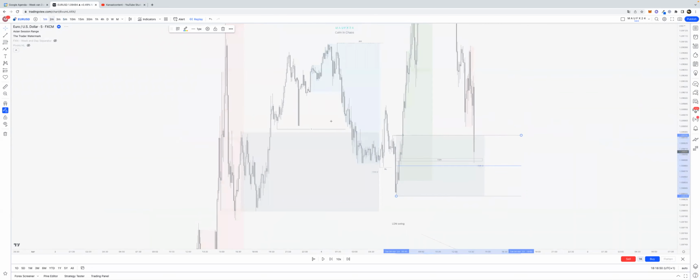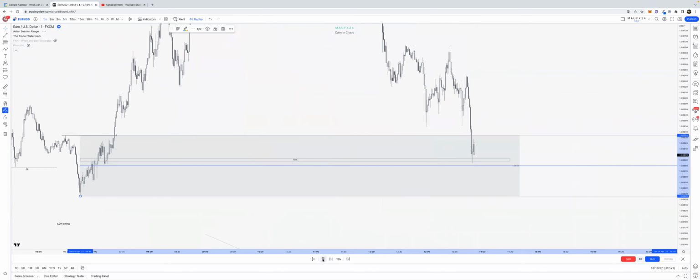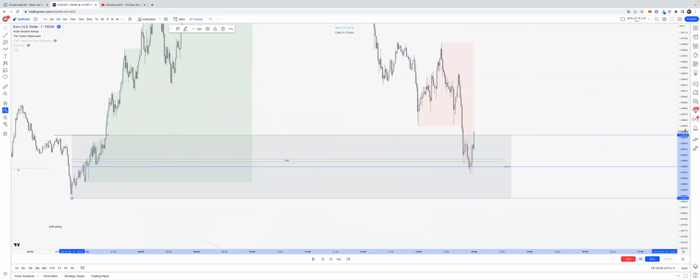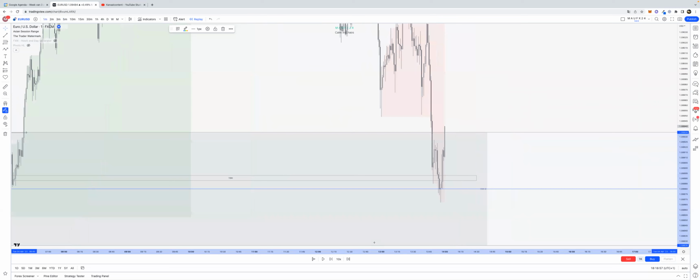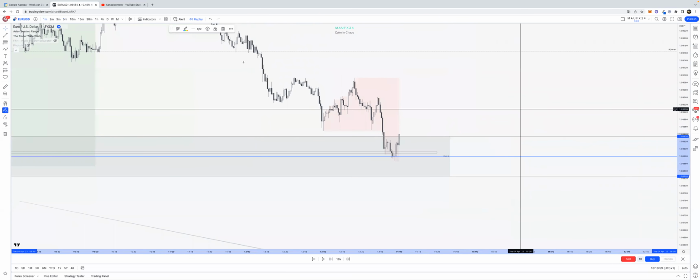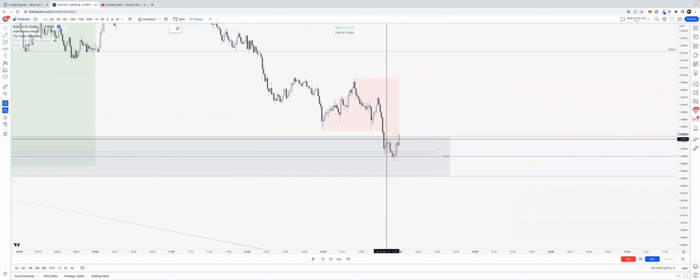And then let's go to the 1 minute. So we did tap into the, there you go. So we tap into the 50%, we get a 1 minute swing break.